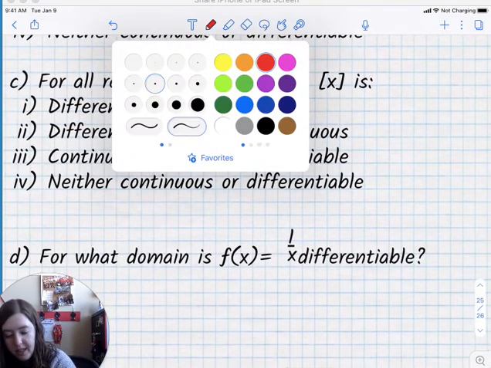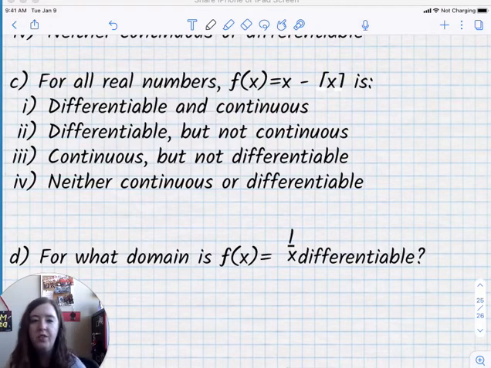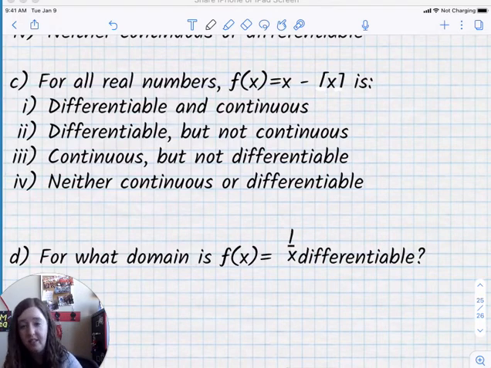Now on this one, let me go ahead and redraw this notation for a second. This is our ceiling function. So for all real numbers, x minus the ceiling of x is all the options that we looked at before. Now, right now, you're probably like, first of all, I don't remember ever seeing ceiling inside of my formula book, so I have a feeling that that guy is not going to be differentiable because I don't have a derivative of it.